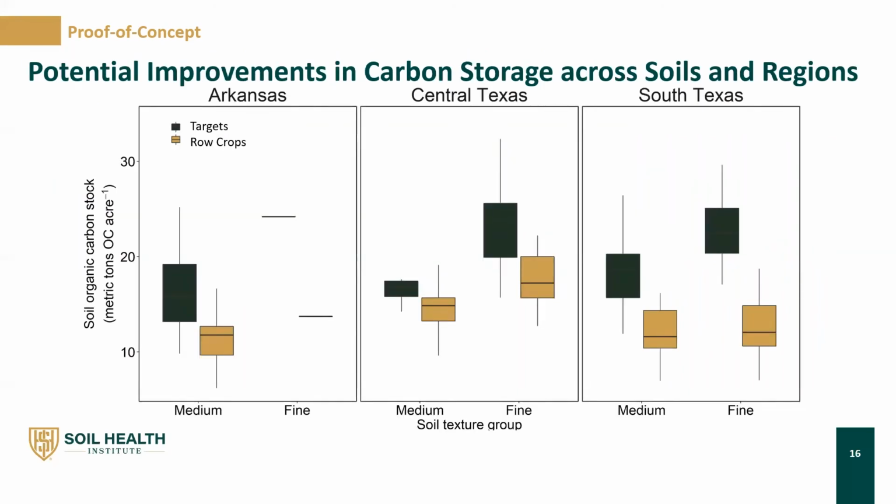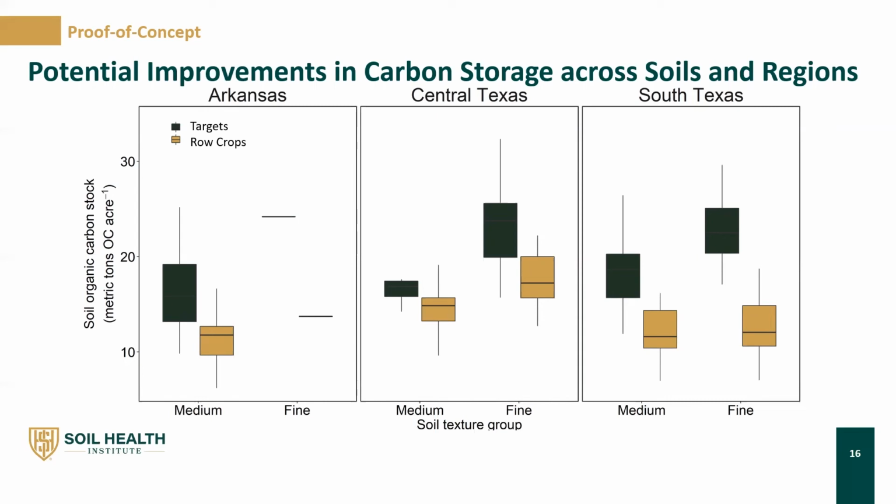So here we have the three regions up there at the top: Arkansas, Central Texas, and South Texas, going from left to right. On the y-axis, on the left-hand side, we have soil organic carbon stock in metric tons of organic carbon per acre, ranging from probably around 5 to about 35. Then on the x-axis at the bottom, we have the soil texture groups.